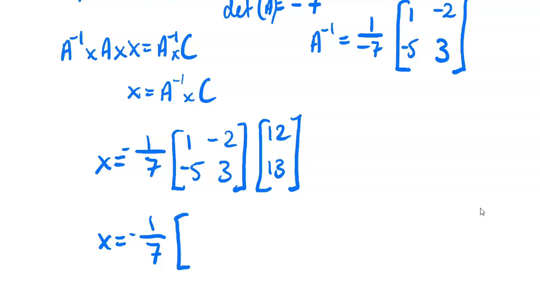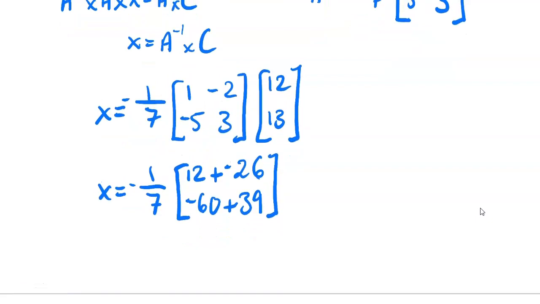Okay, so I've got 1 times 12 plus negative 2 times 13. So that's negative 26. Then negative 5 times 12 is negative 60 plus 3 times 13. So that would be 39.